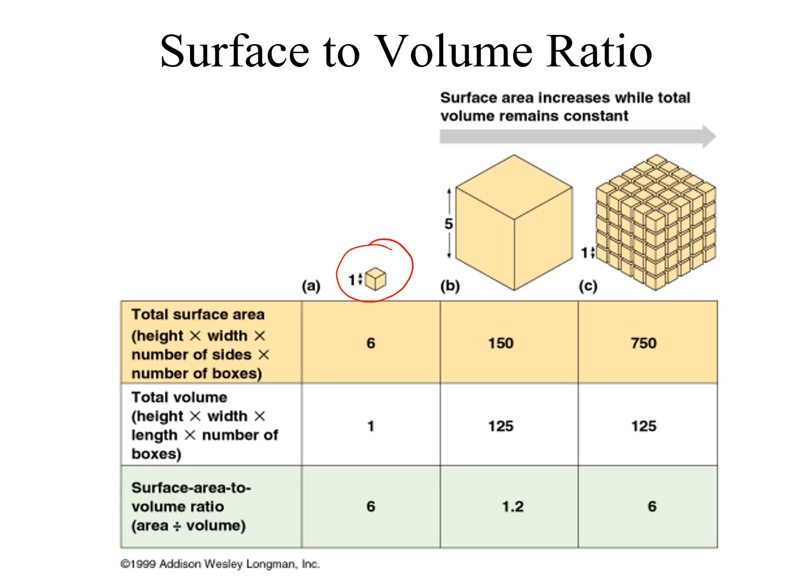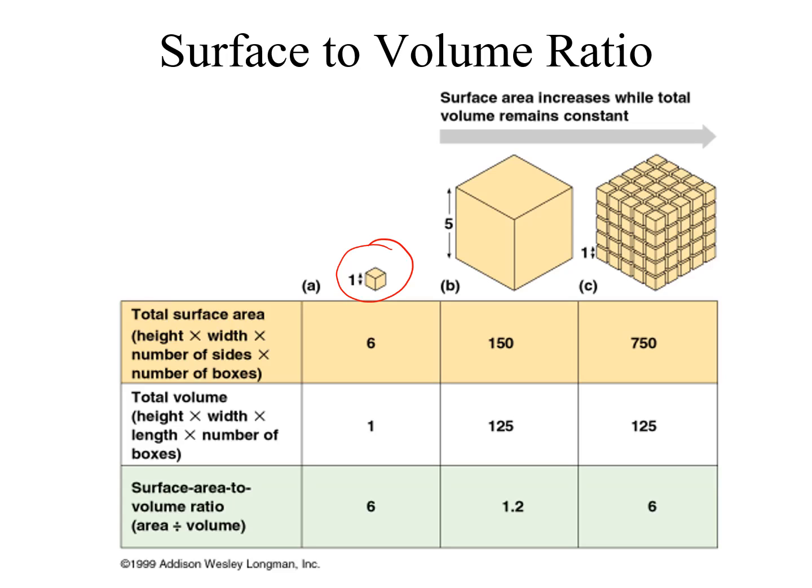So let's calculate the surface area of this cell. Since it's a cube, it's really simple. The surface area is just the surface area of all the facets of the cube. So if the cube is 1 unit on a side, 1 times 1 gives you, let's just call them centimeters to make it easy, 1 square centimeter of surface area, but that's for only one face of the cube. And the cube actually has 6 faces.